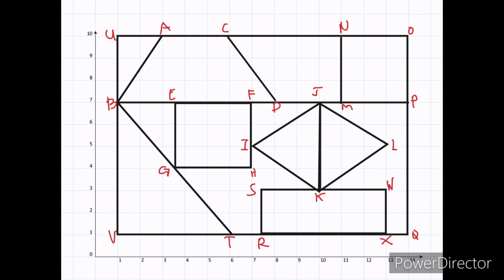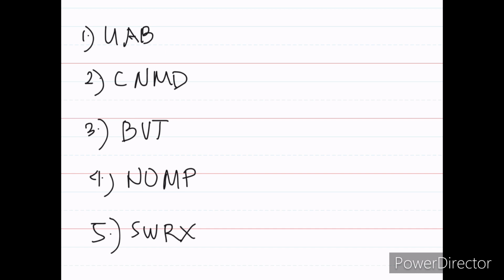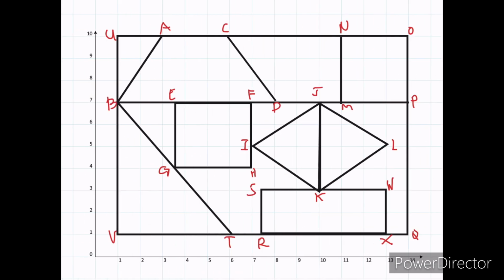So try to look at this one. We have a graph here and you see different shapes. Try to find these and determine what kind of quadrilateral each is. First, UAB.